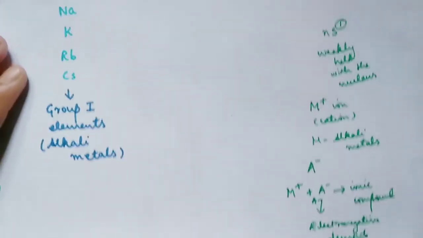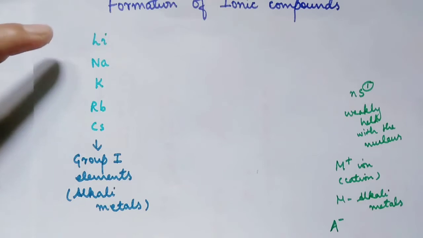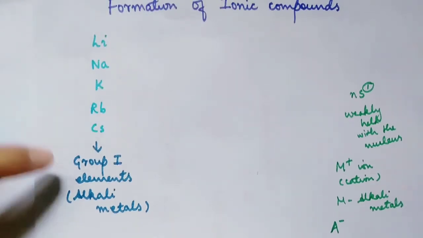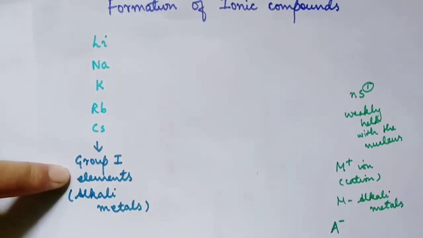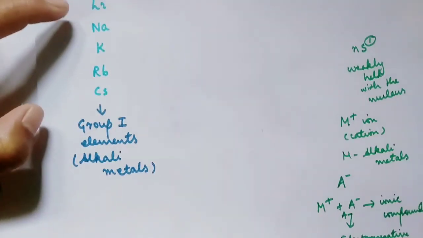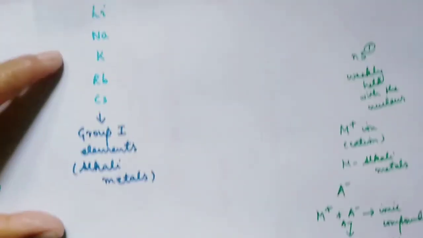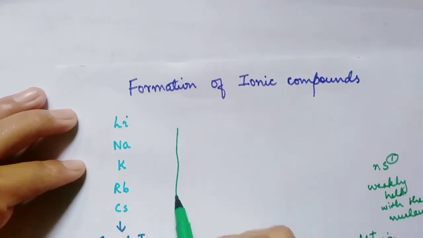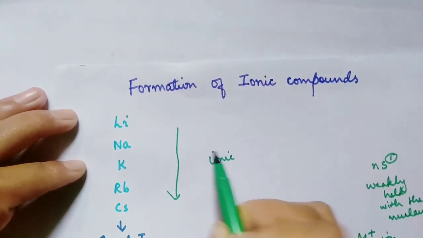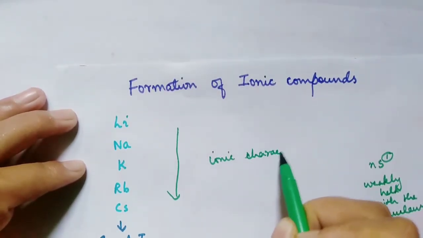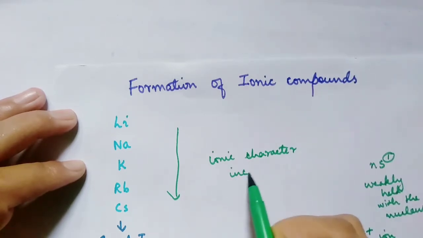Now, what about the ionic character as we move from top to bottom along group 1? If we move from top to bottom, the ionic character increases. Why?